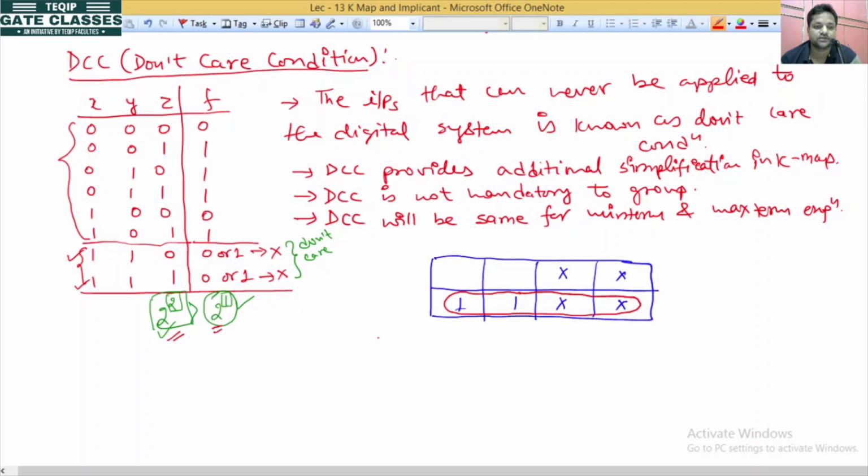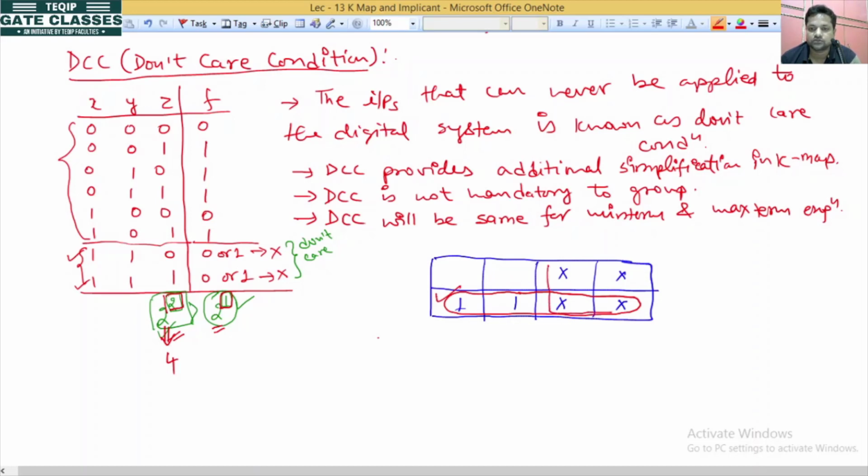We know that if a pair is there, it will eliminate only one term. And if a quad, 4 written as 2 to the power 2, is formed, it will eliminate 2 terms. So we are trying for the maximum possible cells to group together. That's why we will form a quad here, not a pair.